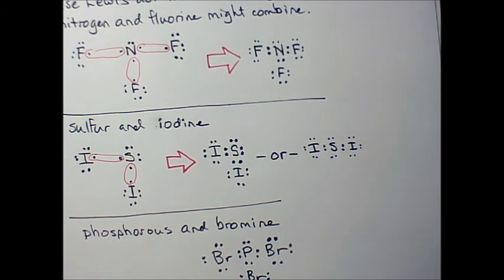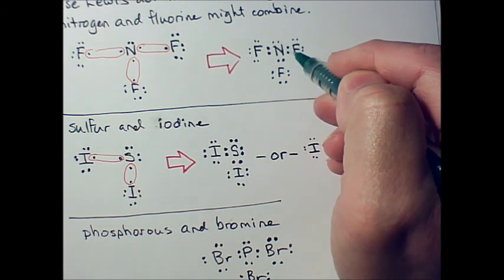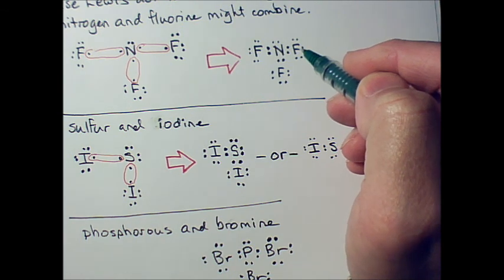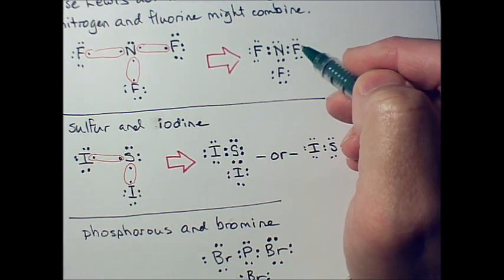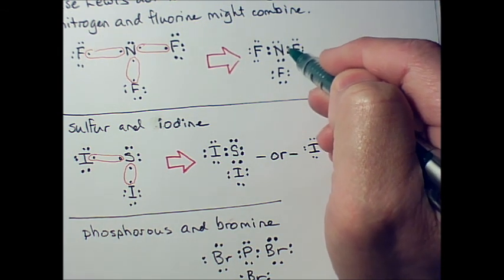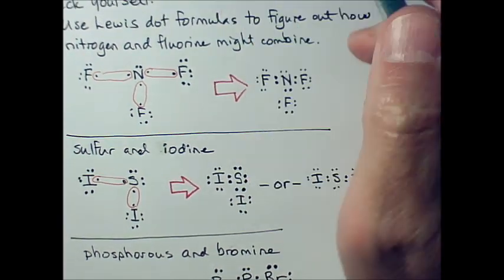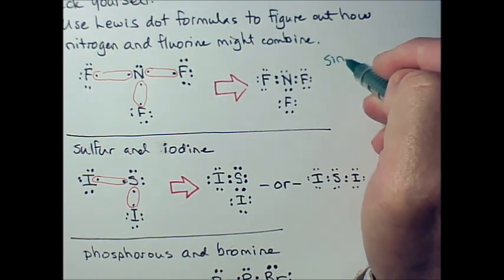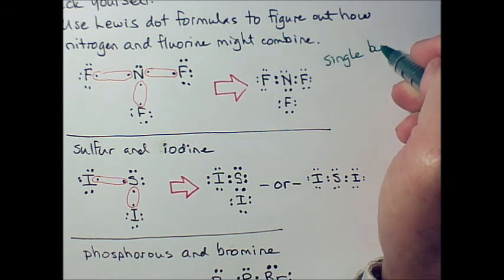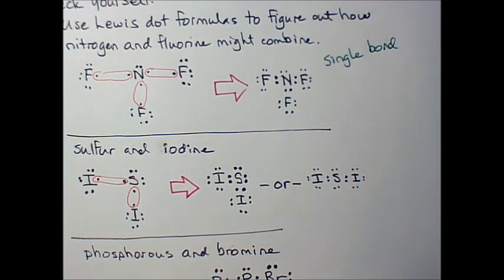Okay, now, one more thing about terminology before we can go to the next subject. When you have two electrons shared between two atoms like this, that's called a single bond. Two electrons shared between two atoms is called a single bond.